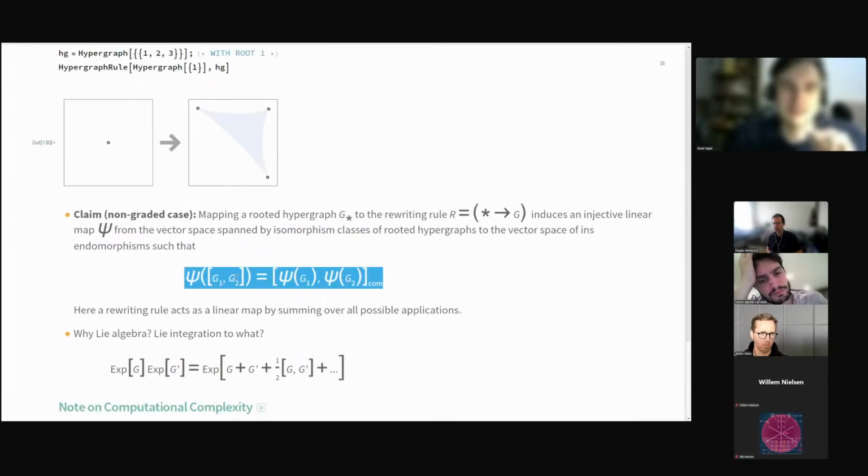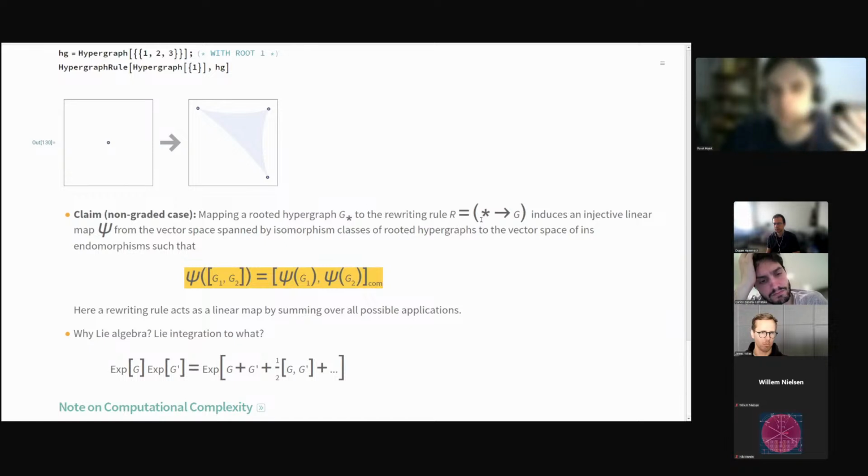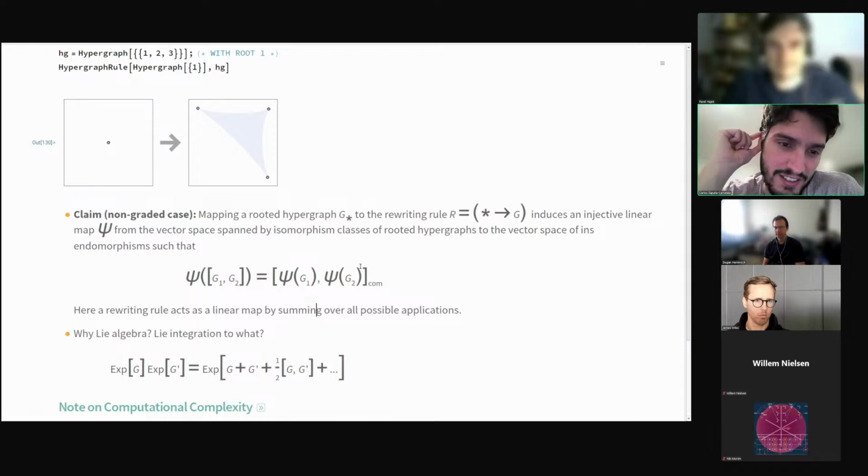I'm just claiming that if you view these rooted hypergraphs as rewriting rules of a special form, and you view these rewriting rules as linear maps, then the bracket gets mapped to the commutator. This I find kind of interesting. That's super cool. Yeah, that is a really interesting fact.